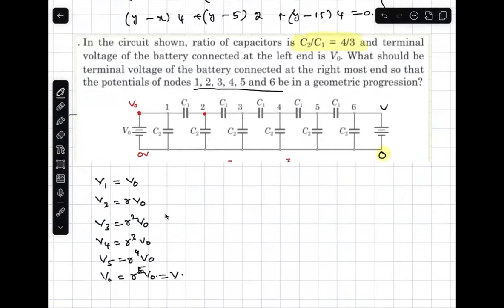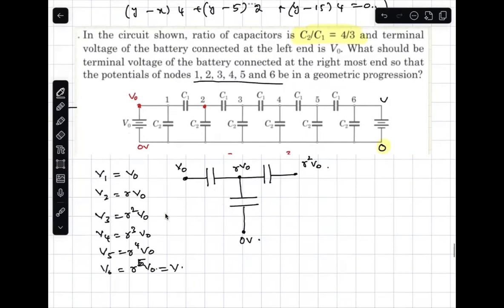Now, if you allow me, I will take junction 2. This junction I will take. This is connected to here: V naught, R square V naught, R V naught. Agreed? So I can apply C1, C2, C1.